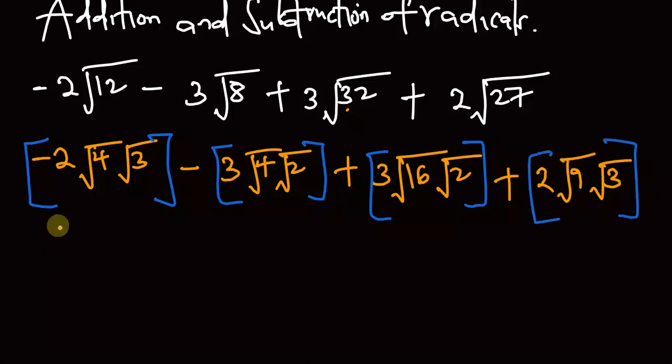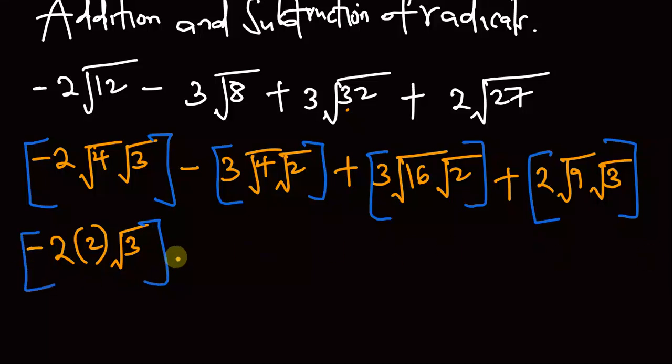We solve each independently. In the first part, it will be negative 2. Root of 4 is a 2. Then root of 3 will remain. That is the first part. The second part, it will be 3. Root of 4 is also 2. Then root of 2 remains. That is the second part.